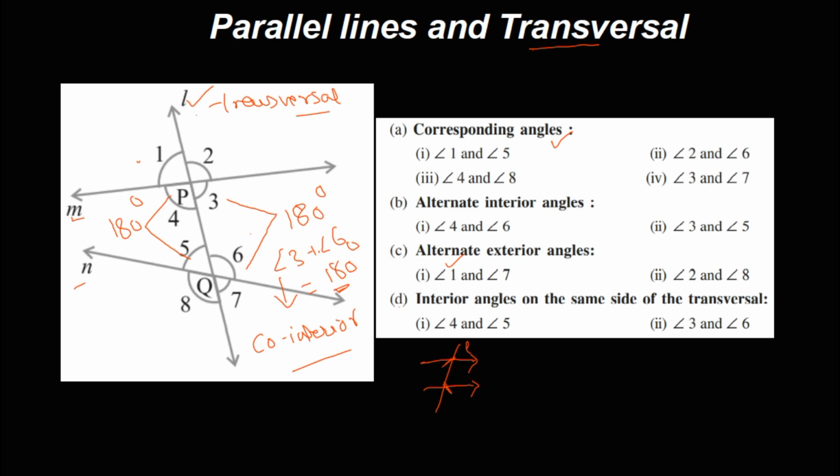If these two lines are non-parallel, we are not sure about it. But when we talk about two parallel lines, please see that the sum remains 180. The sum is always 180, because here the lines are parallel. So accordingly, the condition will prevail. So this is how it goes. Now let's see what we have next.